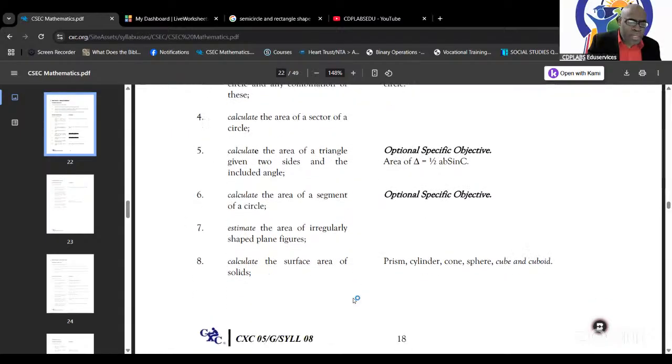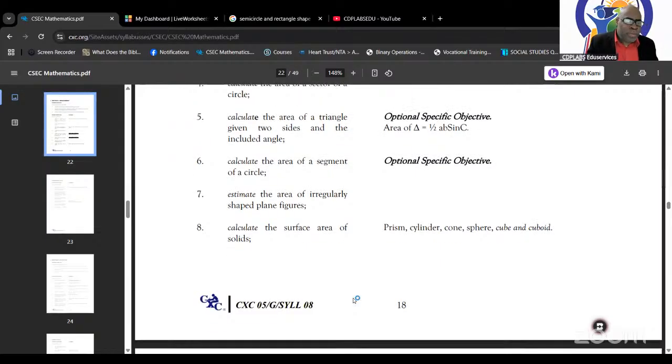Now, objective number 8 says, calculate the surface area of solids. There are different solids they can give you. They can give you a prism, a cylinder, a cone, a sphere, a cube and a cuboid to find the surface area of.